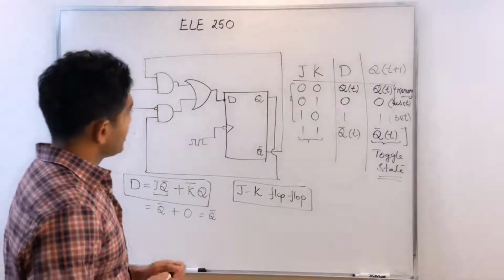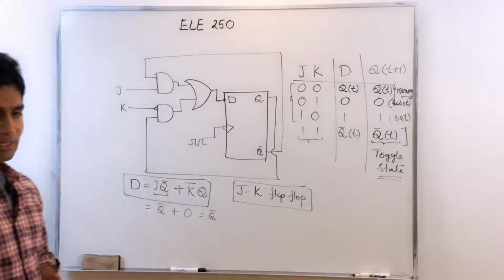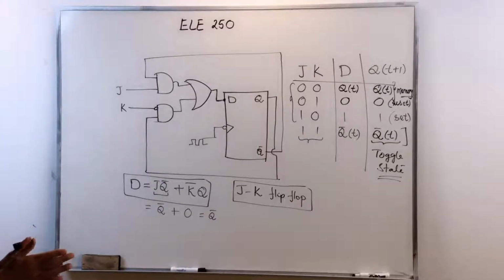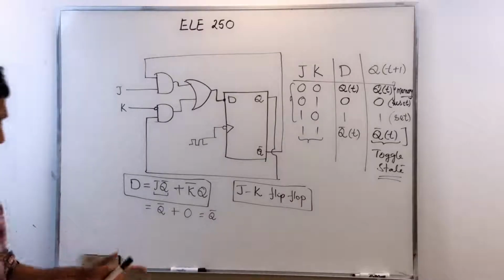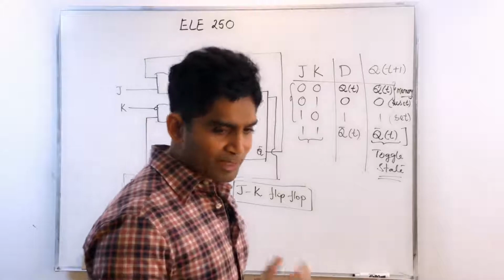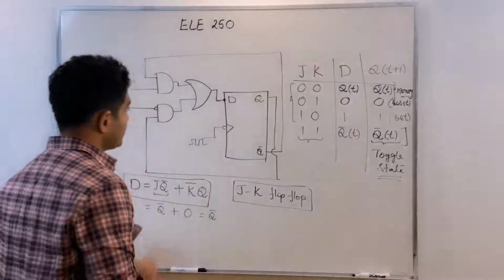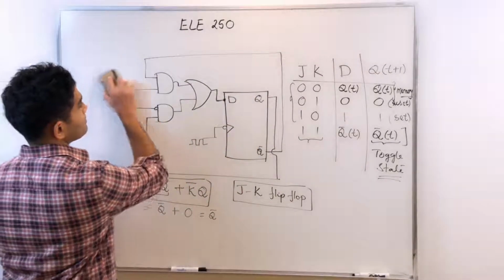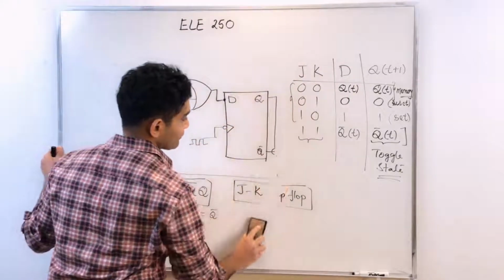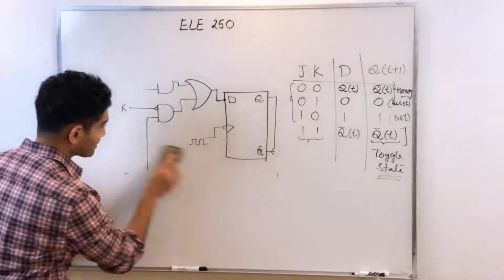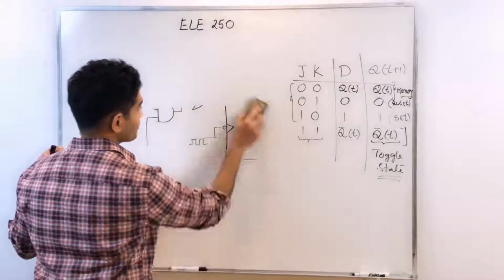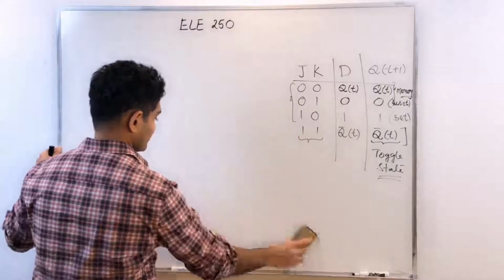Now, that's well and good, but let me represent that in the form of a timing diagram to make it more clear. Timing diagrams are very handy to understand digital circuits. We've already seen that.